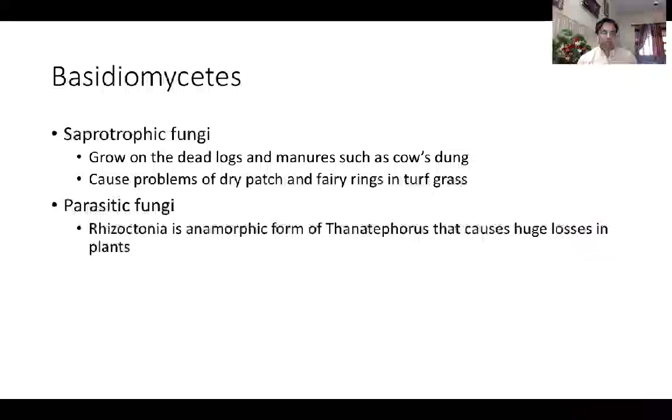Then a number of basidiomycetes are important parasites, especially in plants. Like Rhizoctonia is an anamorphic form of Thanatephorus, and Rhizoctonia is a very important pathogen in a huge group of diverse kinds of plants, and they cause losses.